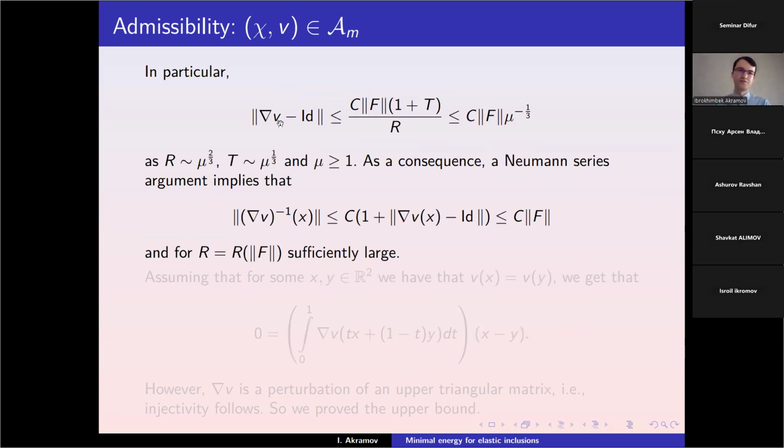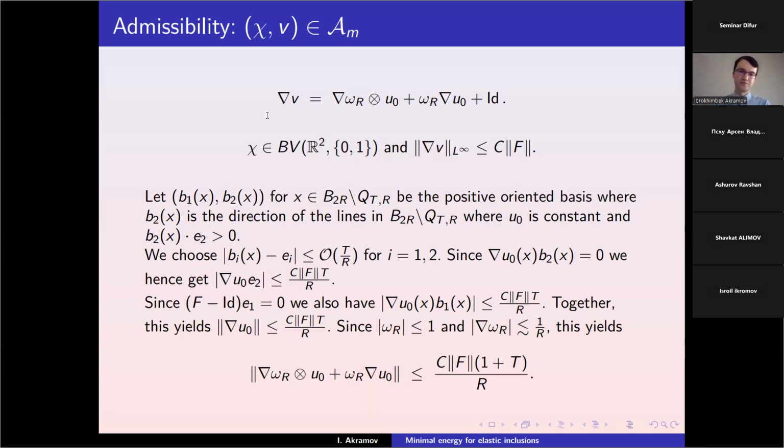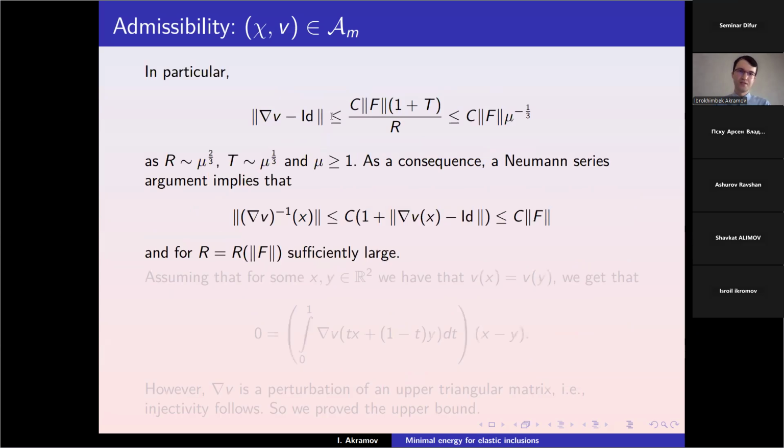Then we can replace this term by nabla v minus identity, because it's equal to this, and then this is smaller than C times 1 plus t over r, and then this is also smaller than C times norm of F mu to the power of minus 1 over 3.